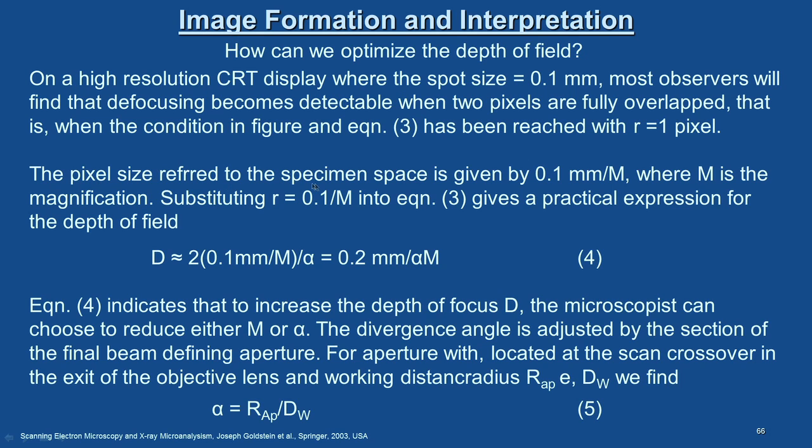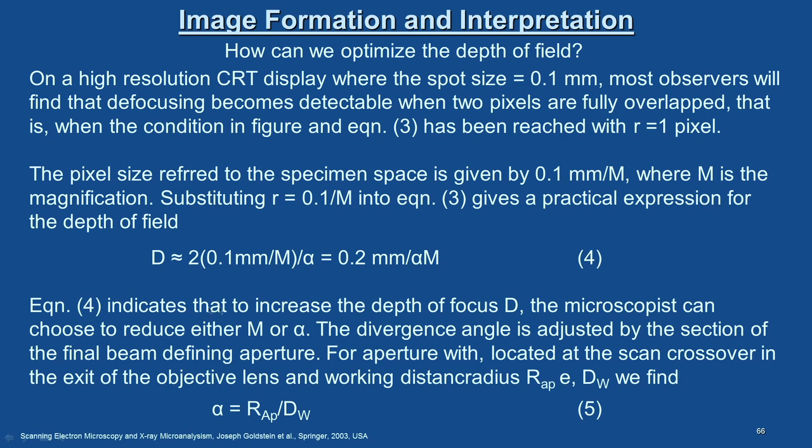The pixel size referred to the specimen space is given by 0.1 mm by m, where m is the magnification. Substituting r equal to 0.1 divided by m into equation 3 gives a practical expression for the depth of field, that is, d is approximately equal to 2 times 0.1 mm by m divided by alpha, which is equal to 0.2 mm divided by alpha m.